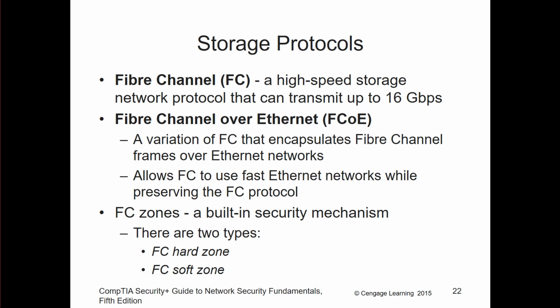FCoE is Ethernet, and basically it is Ethernet that will encapsulate an FC or Fiber Channel frame, and that way you can send it over Ethernet. It lets FC use fast Ethernet networks while preserving the FC protocol structure, basically being able to send FC commands over Ethernet. FC zones are built-in security mechanisms.